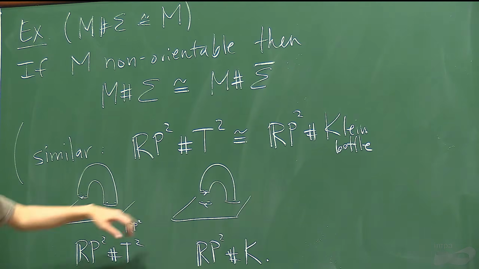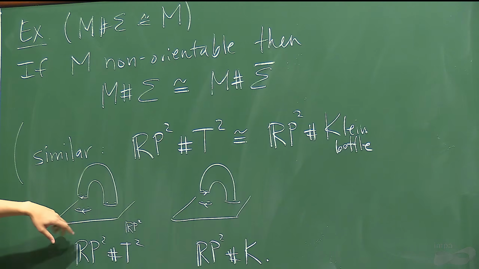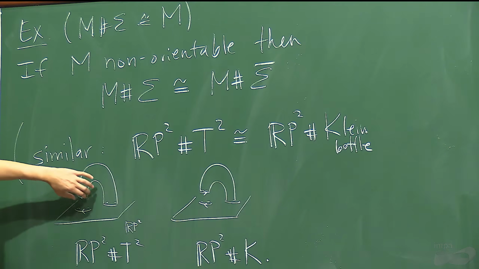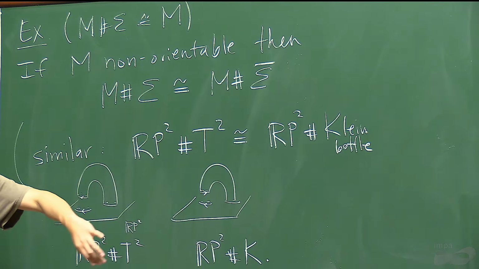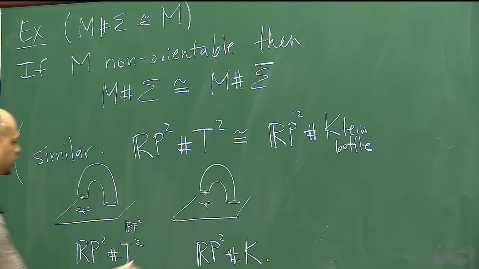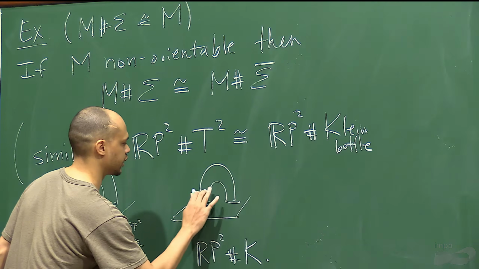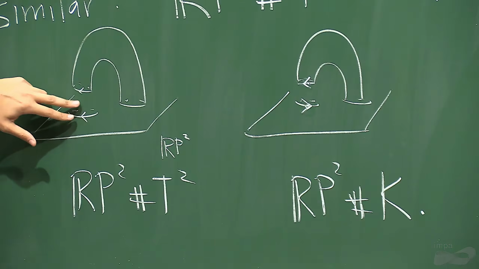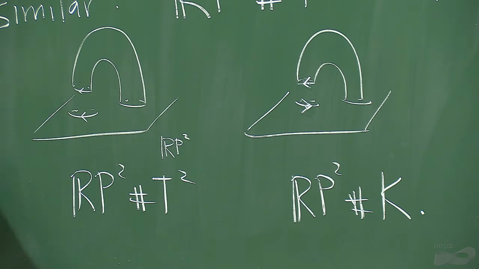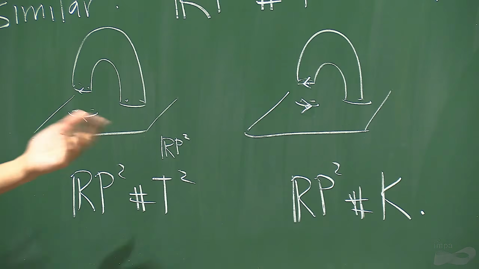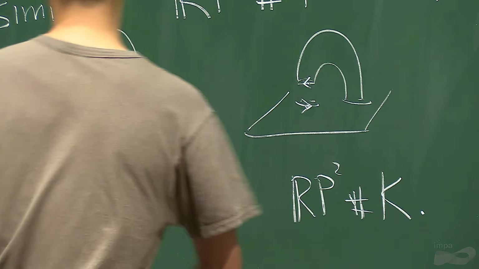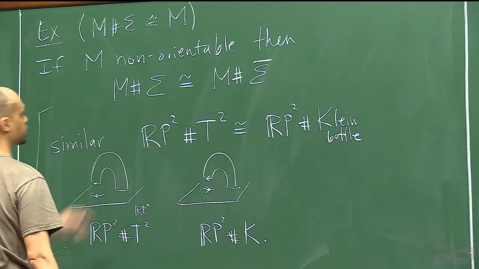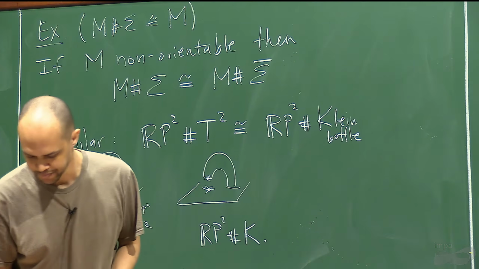And these are the same because RP2 is non-orientable. So you drag this handle along a path that switches the orientation, then this oriented little loop becomes that one along that path. Okay, so this is just that fact in higher dimensions.